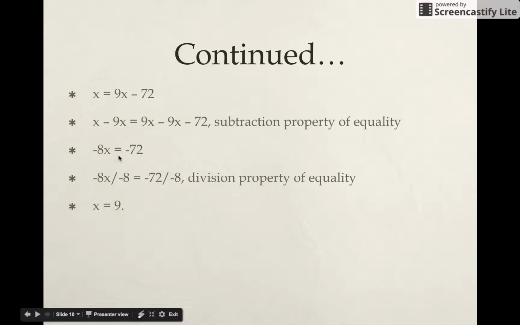So this statement, negative 8x equals negative 72. Using the division property of equality, we can divide by negative 8 on both sides of the equation. Notice that negative 8 divided by negative 8 is 1, okay, 1x. So 1x is equal to 9. Again, we could check our answer by plugging in.